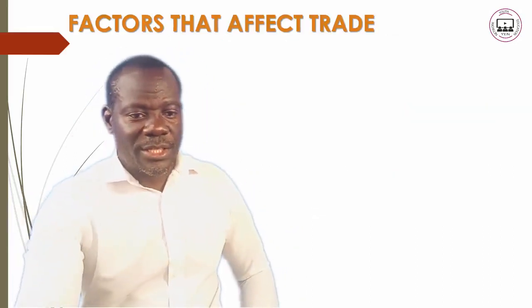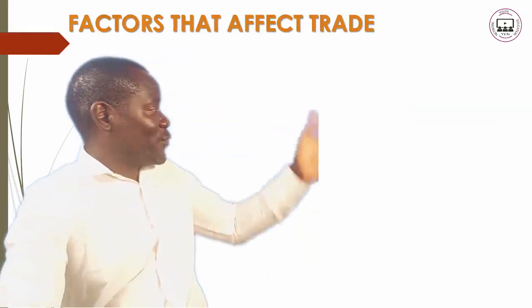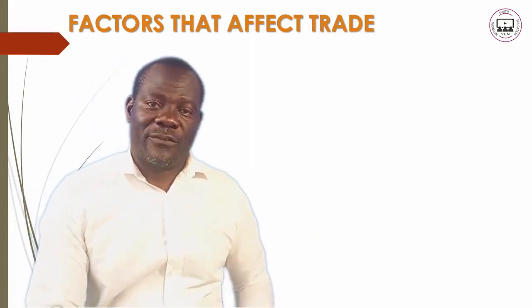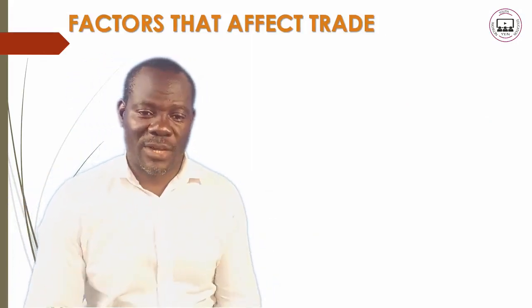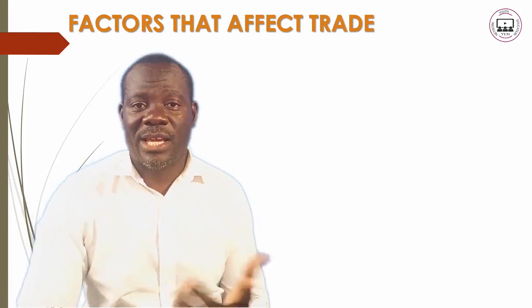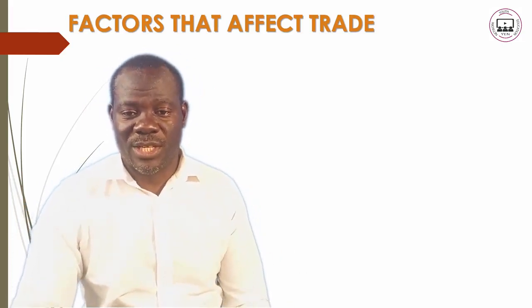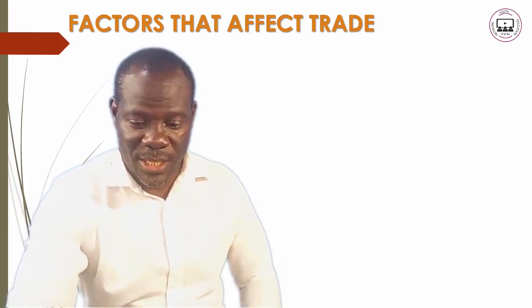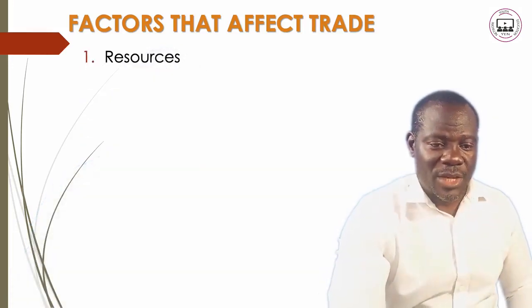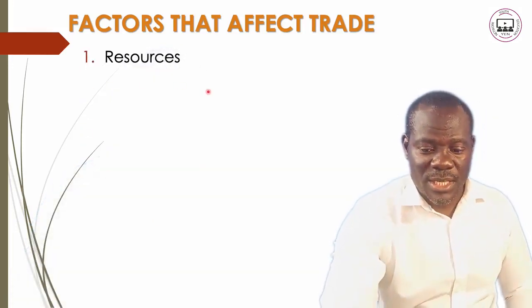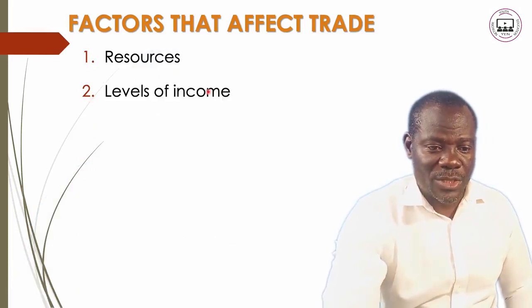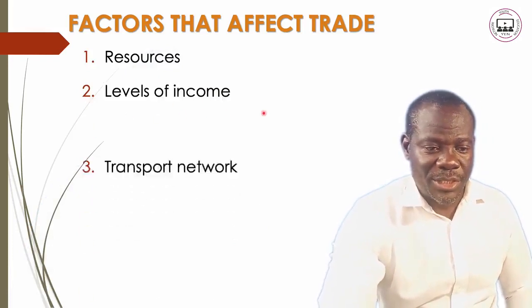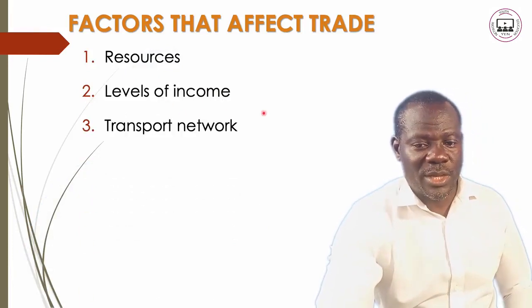Now let us look at the factors for trade. There are a number of factors. Just as you can see here, number 1, we have resources. Number 2, levels of income. Number 3, transport network.